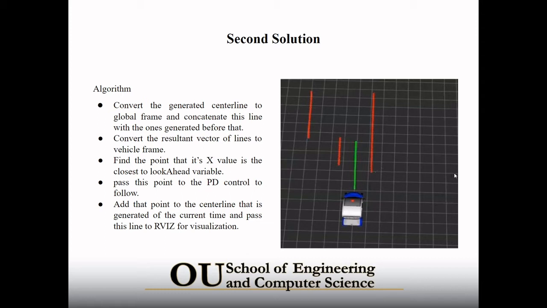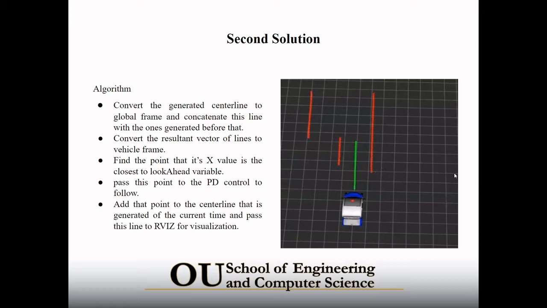First of all, as Hussein said, everything here is in the vehicle frame, right? And when the car moves, the vehicle frame changes. So we cannot store the past points in the vehicle frame.